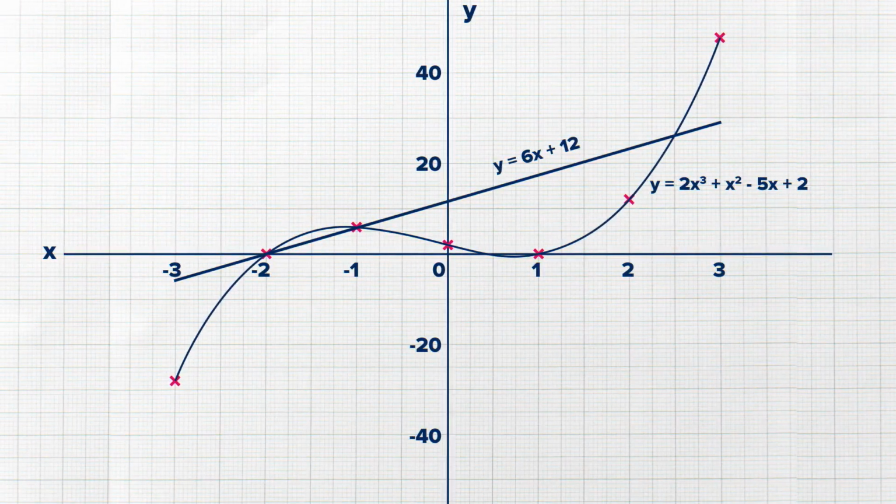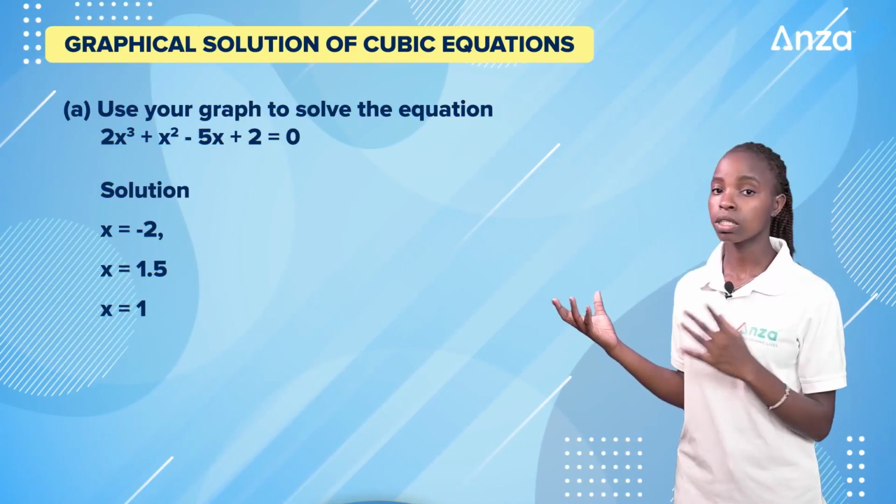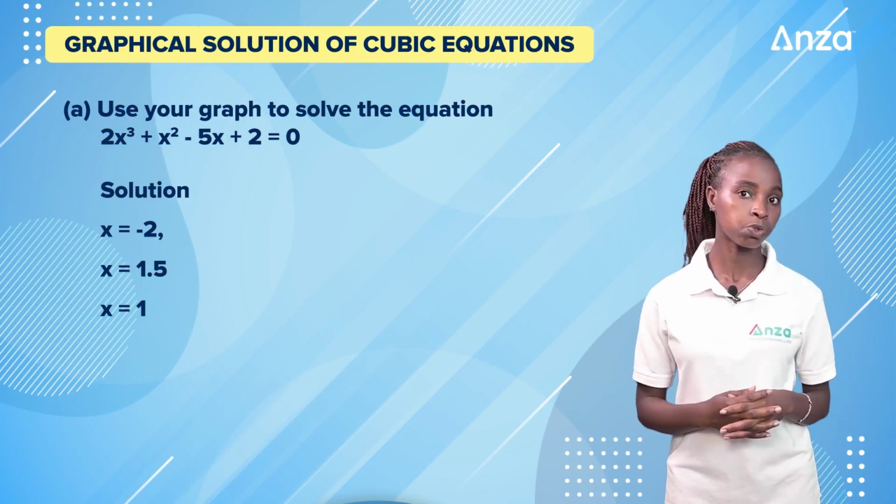From the graph, the first point where the curve cuts the x-axis is at x is equal to -2, then at x is equal to 1/2, and finally at x is equal to 1. These are the solutions of the equation 2x cubed plus x squared minus 5x plus 2.